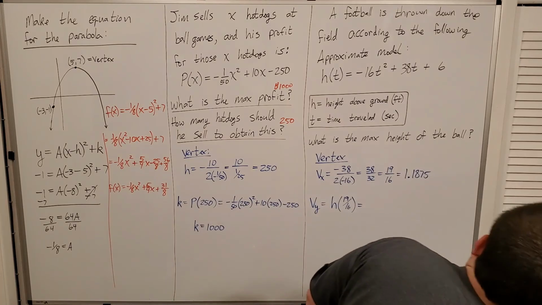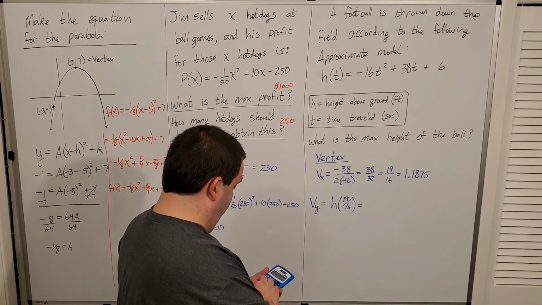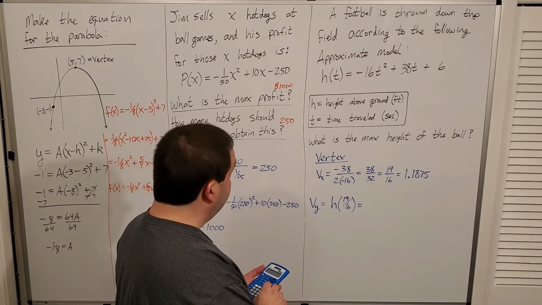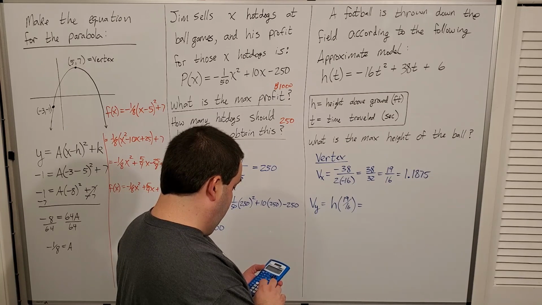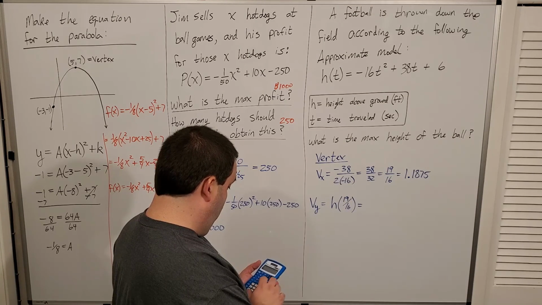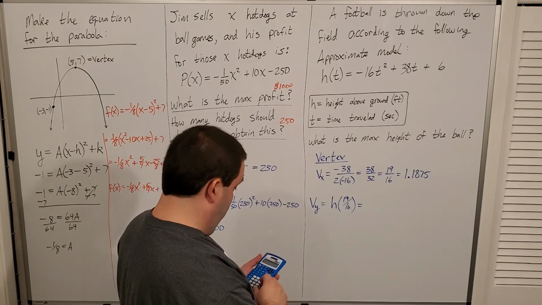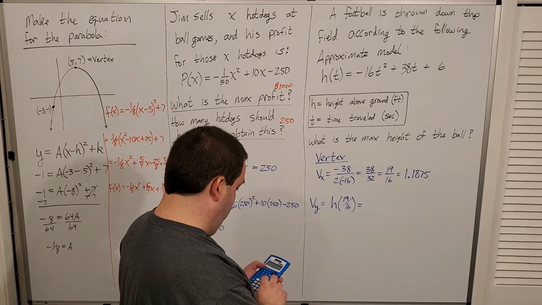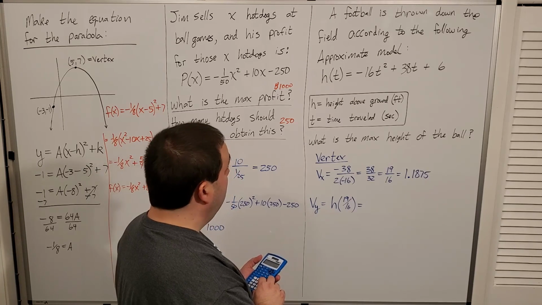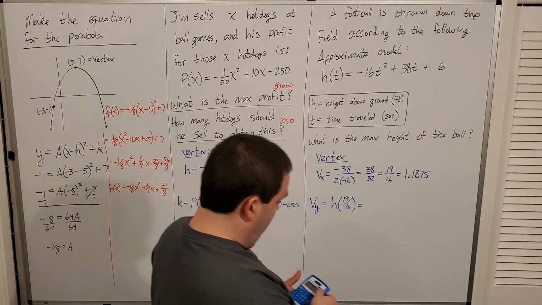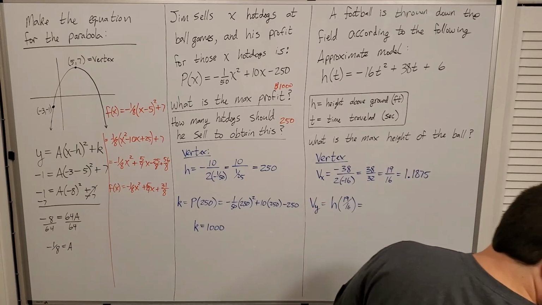Okay. So just to speed us up, I'm going to plug that in. That's going to be negative 16 times answer squared plus 38 times answer plus 6. 28.5625.